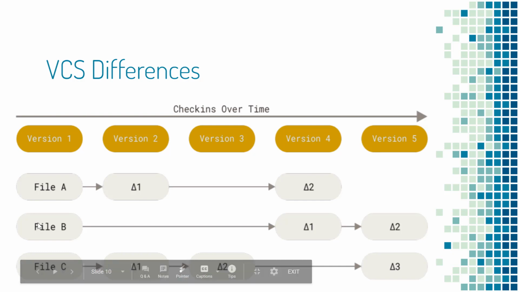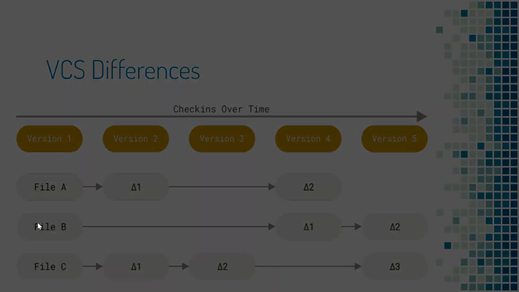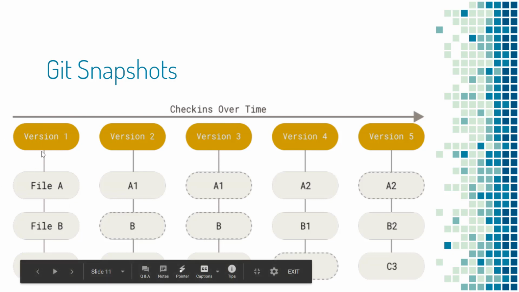As I said, Git is not using the same paradigm. It's not using the differences, and instead it's using snapshots. How do snapshots work? A snapshot takes a picture of your current directory for each version.